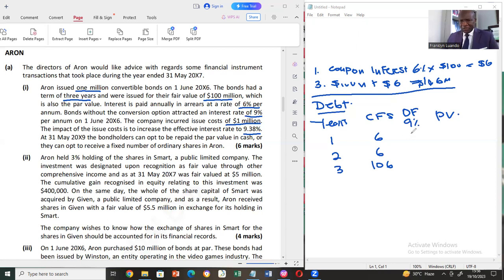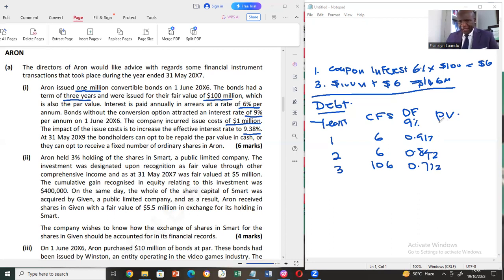So there, the discount factors we have 0.917, 0.842, 0.772.